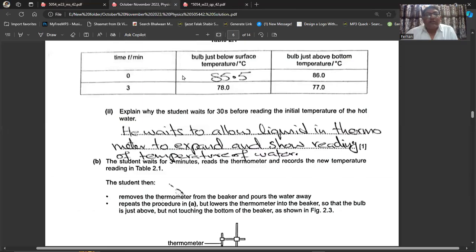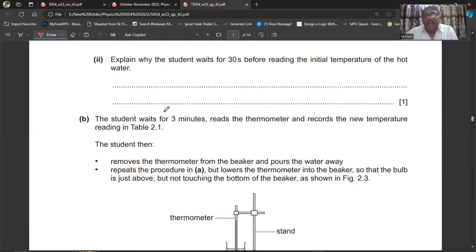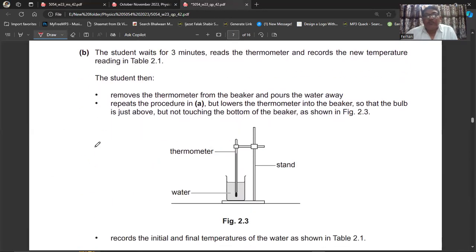So now we are going to the next part. I hope you understand my answer. This is question number 2B part. The student waits for 3 minutes. So the bulb of the thermometer is in the top layer of the hot water. And it says, the student waits for 3 minutes, reads the thermometer and records the new temperature reading in the table 2.1.